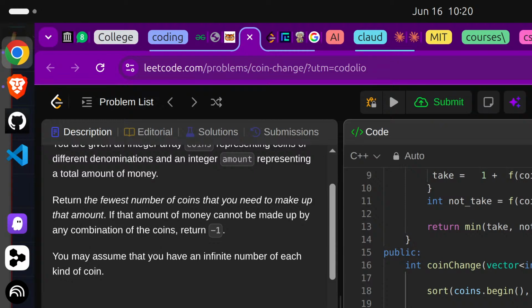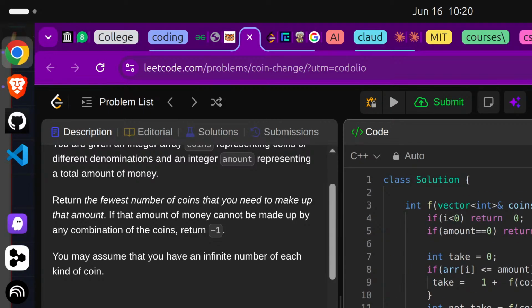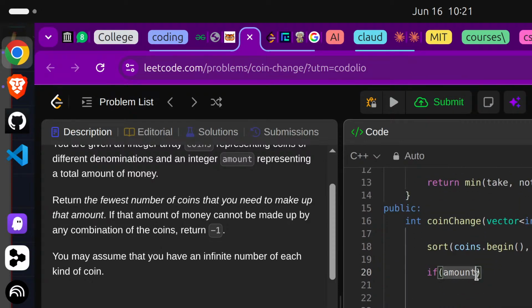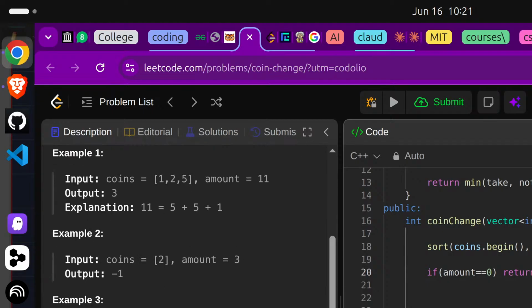If amount, let's tackle that later, but if amount is like, we don't have to make any amount, 0, return 1, I think, I don't know.